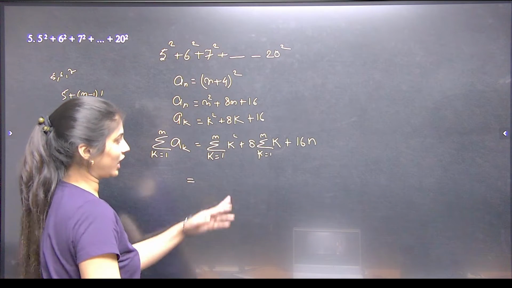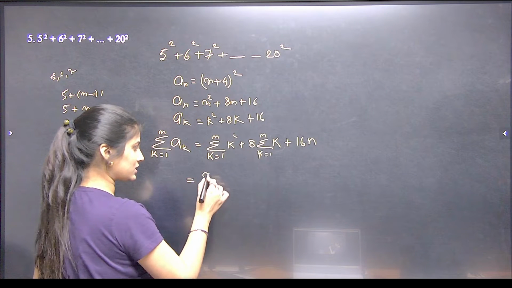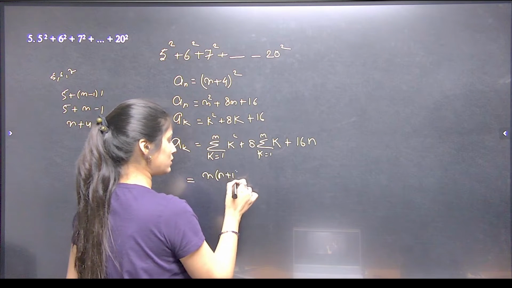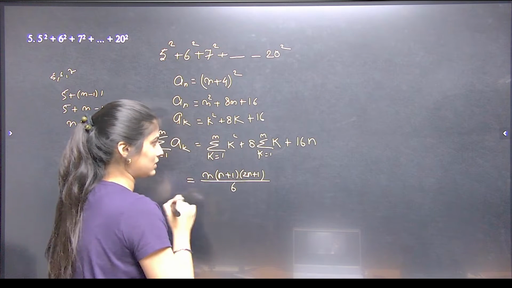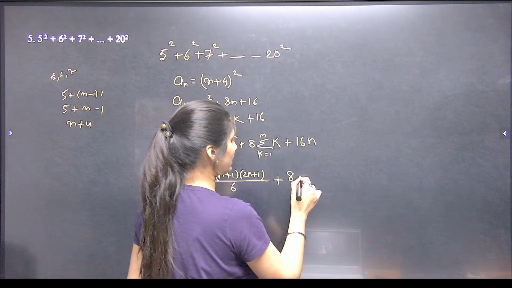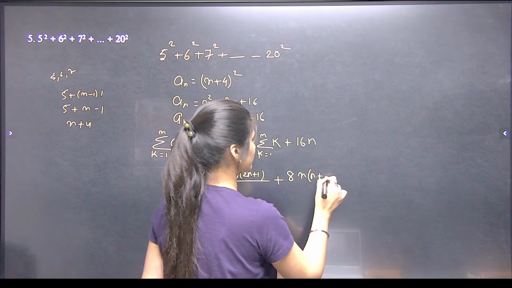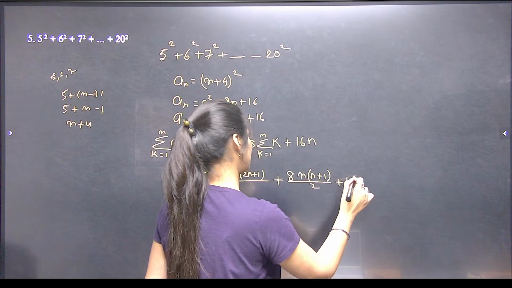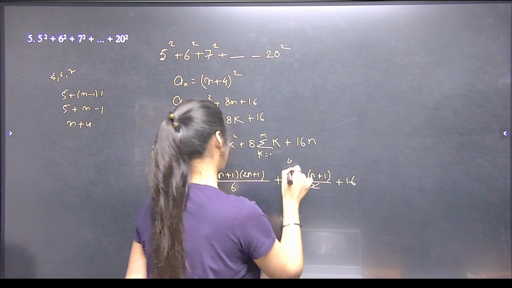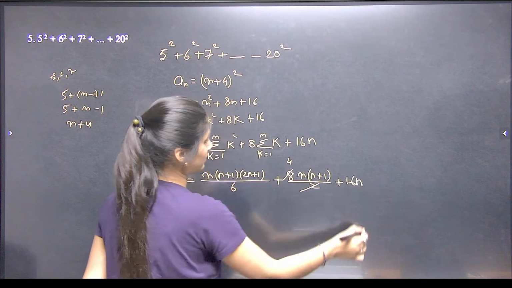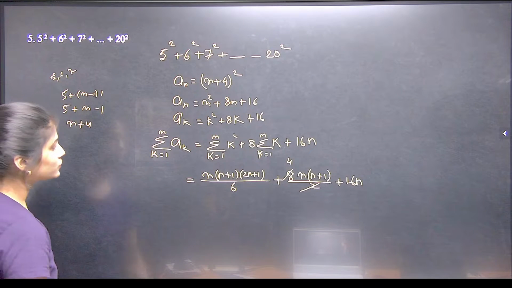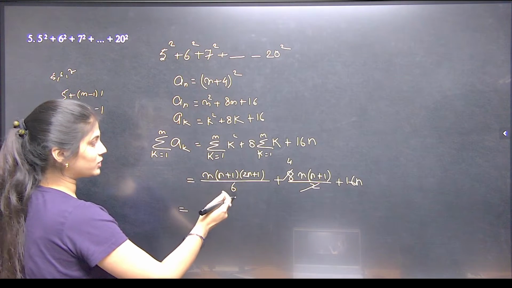So now we have k square, and the formula for this is n into n plus 1 into 2n plus 1 by 6. Similarly for this part we have 8 into n into n plus 1 by 2, plus 16n.